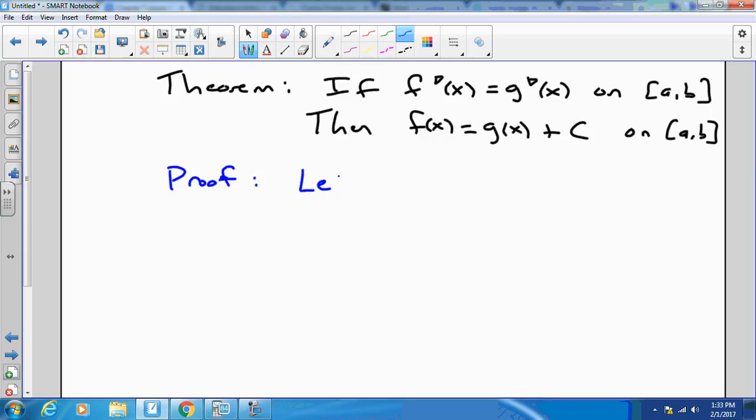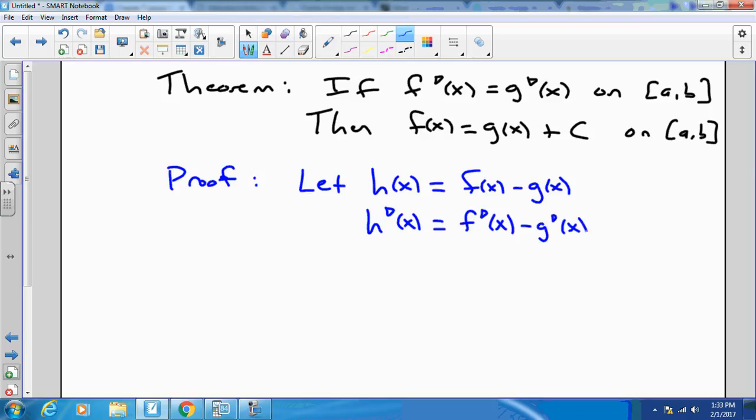And our proof is going to look just like what we did a moment ago. We're going to create a helper function h, which is the difference between f and g. And we're going to take the derivative of h, and when we do, we get f prime minus g prime.